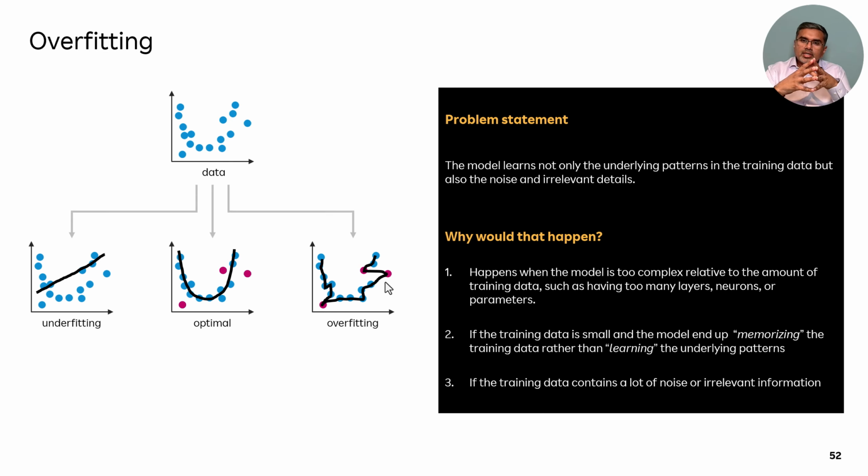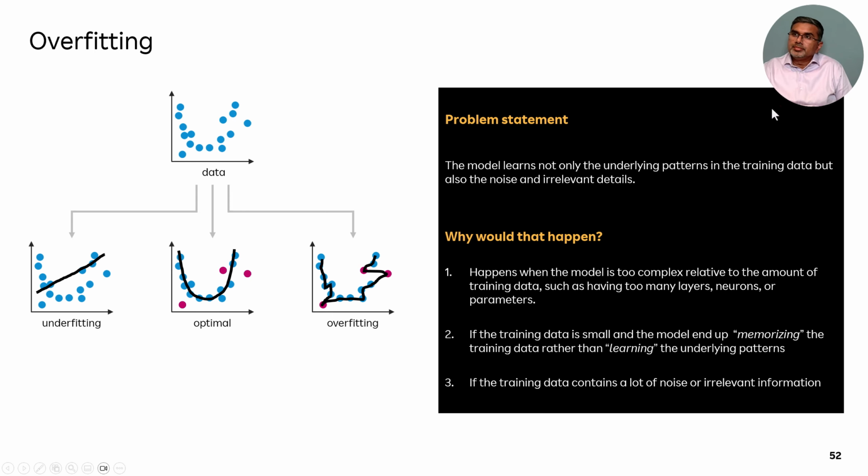The other thing is that your training data set is so small that the neural network is so powerful that it is trying to memorize everything rather than trying to establish a pattern in the training data, right? Or a third reason is that you have a lot of spurious, irrelevant noise in your data set. That could be the other reason why your neural network is going to overfit, and you want to avoid all these things. Correct?